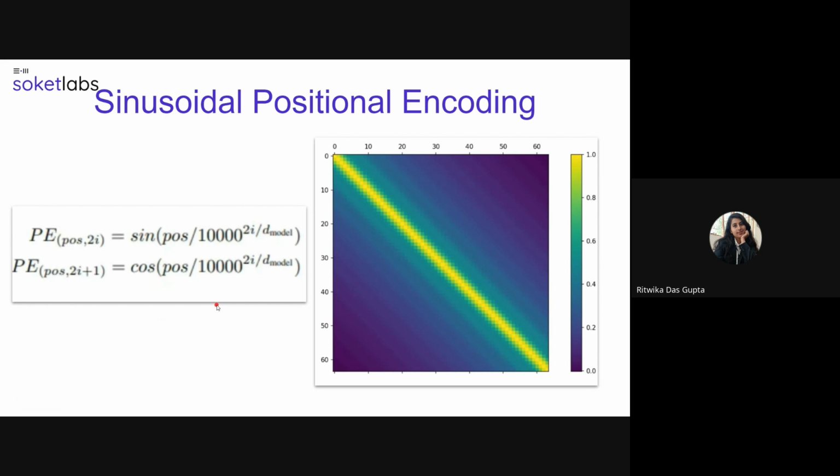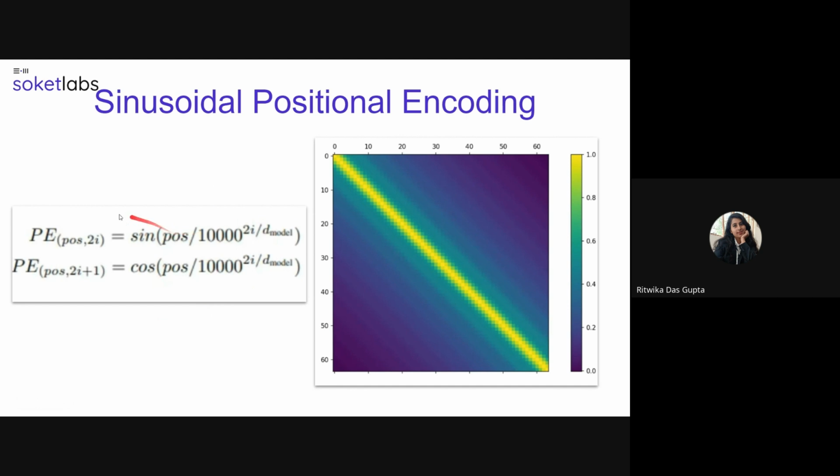So why do we use the denominator as 10,000? In the encoding, the transformer model is related to the wavelength of the sinusoidal function, and the wavelength is a geometric progression which is between 2 pi to 10,000 times 2 pi. So that's why we use 10,000 as a denominator, which means that the difference between the peaks of the sinusoidal function increases exponentially as the position in the sequence increases.